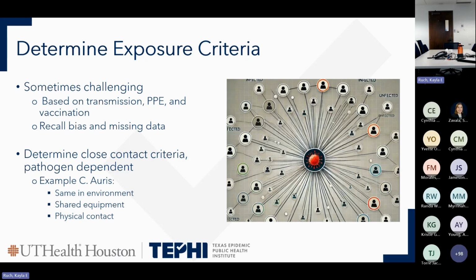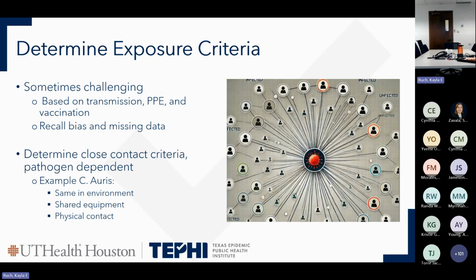So the C. auris close contact criteria that we're going to be using is being in the same shared environment, such as in a healthcare or hospital setting: you're in the same room, using the same bathroom, same living quarters, or sharing equipment, maybe the same blood pressure cuff, hopefully not, or you have physical contact, hugging, touching, with that individual.